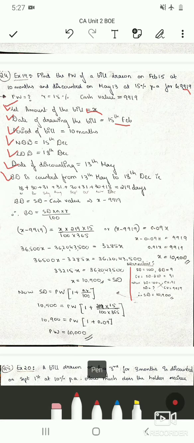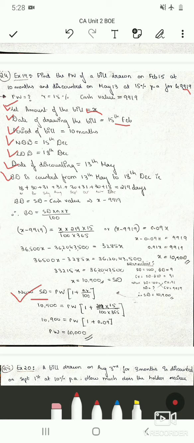You go through it. Other simple problem I explained is simplify this term and solve for x. So we got x as 10,900. So what is this 10,900? It is sum due. So once you get sum due, getting the present worth is very easy. So what you have to do, you have to substitute in the formula of sum due, which is present worth into 1 plus nr by 100.